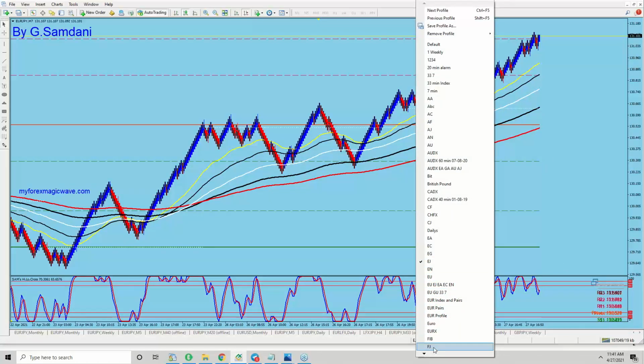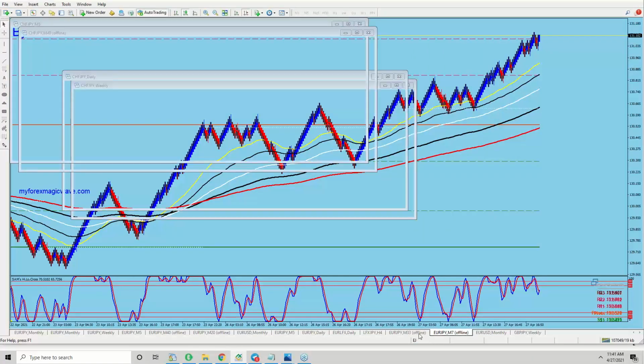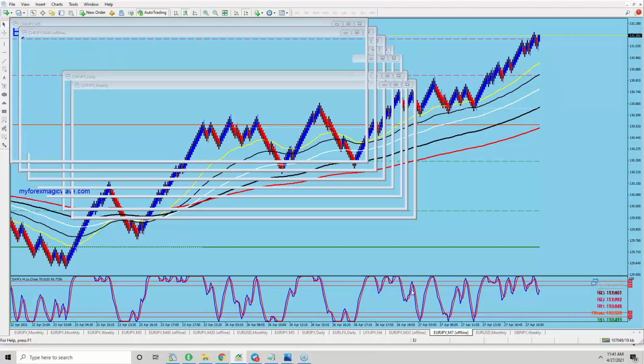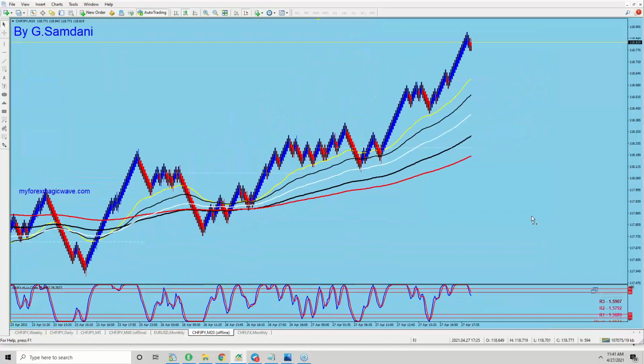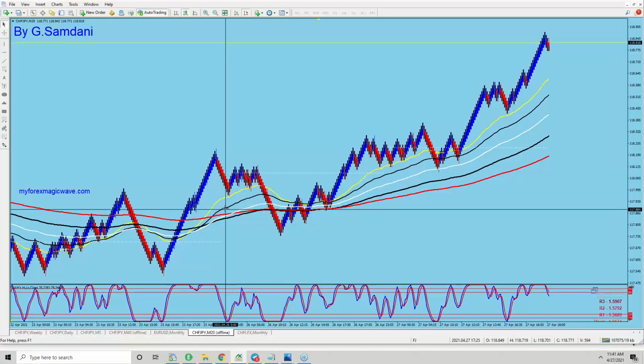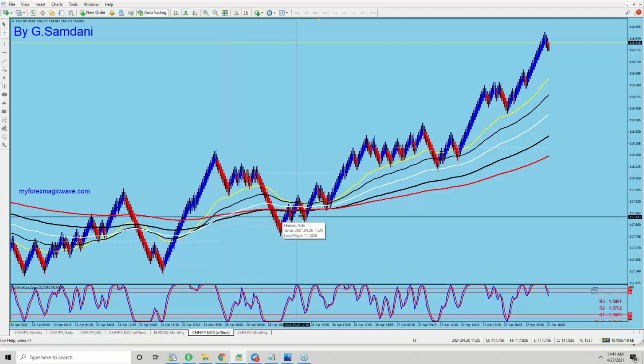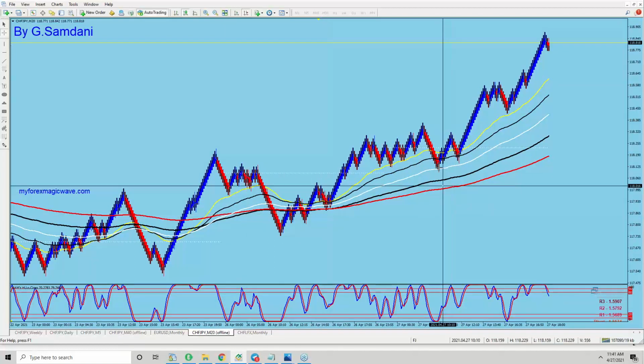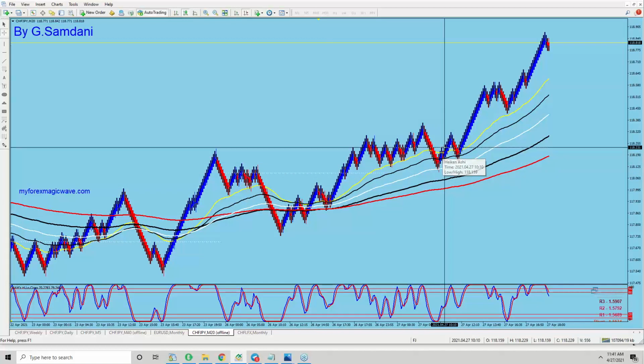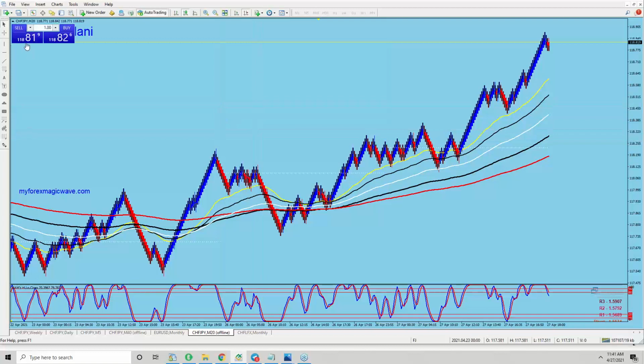And after EJ comes FJ, Franc yen, okay. Going up, all right, here. The 26th started here, entry here, beautiful entry here. Even just today, if you would have taken this entry here, 118.25, and this is 118.80, right?